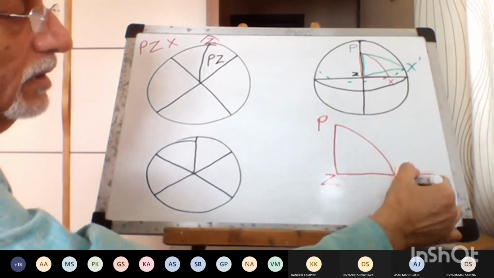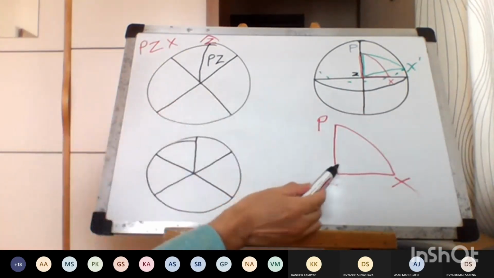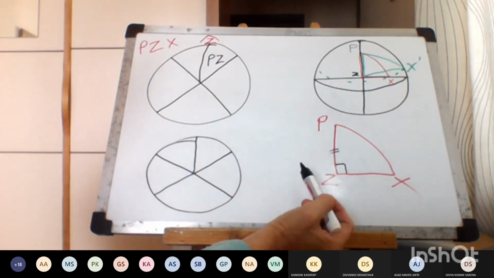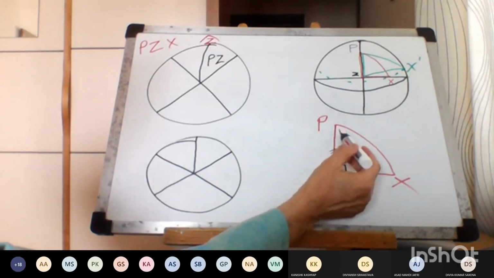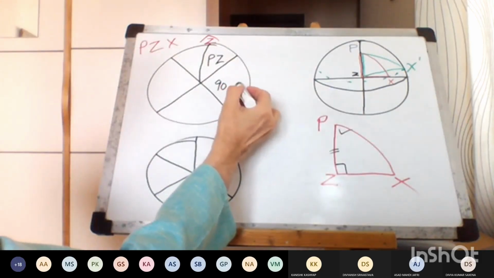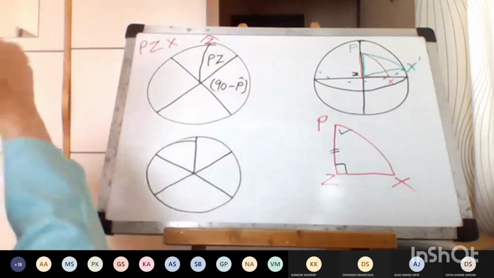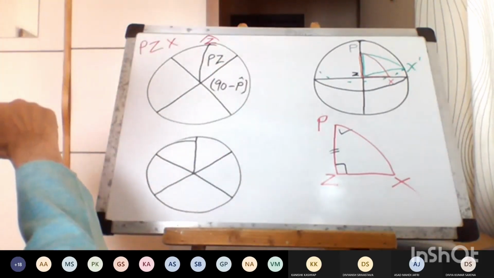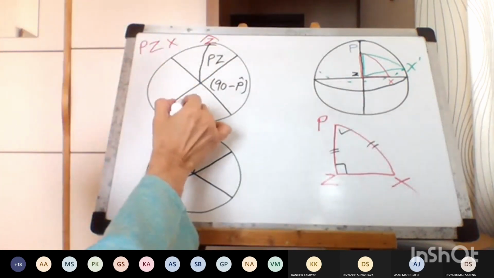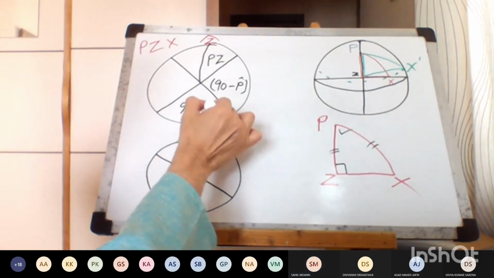PZX. So after angle Z, which was 90, I kept it outside. Side PZ. After PZ comes angle P. So we write here 90 minus angle P. After angle P, side PX, 90 minus PX.